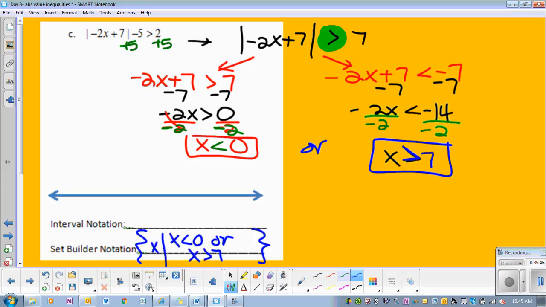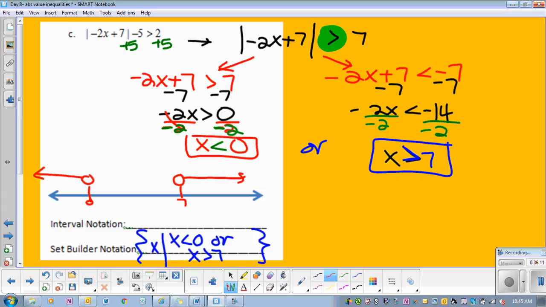And then if I graph it, I have 0 here, I got 7 here. Less than 0, so open circle to the left from 0. X is greater than 7, so open circle and to the right of 7. Good. This looks like an or graph, right?